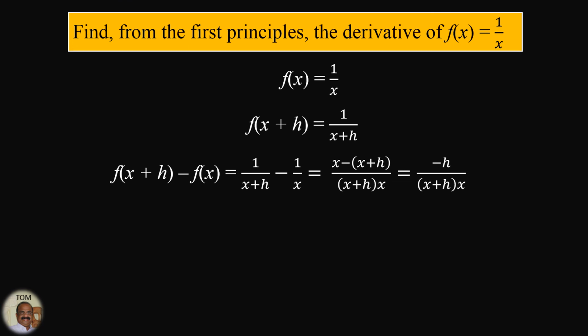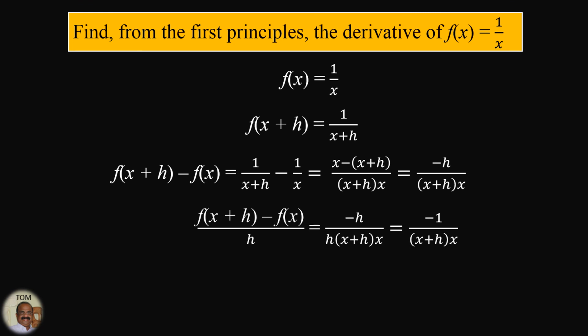We take the LCD. So the LCD is (x + h) times x. First term 1 over x + h, 1 times x minus 1 times (x + h) in the numerator. And we remove the bracket and we get -h over (x + h) times x.